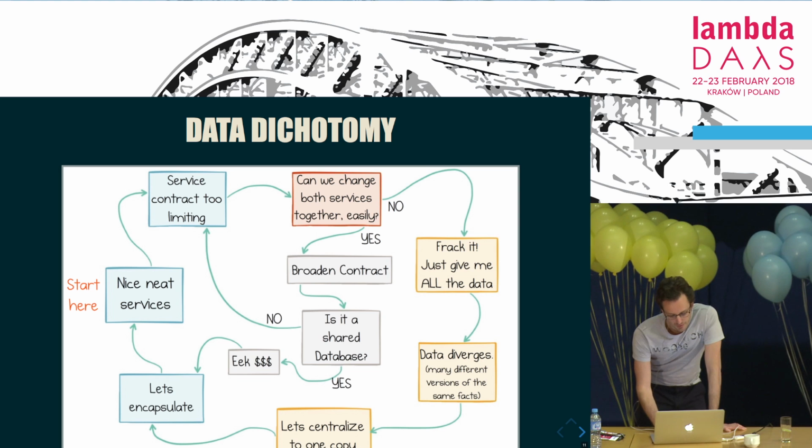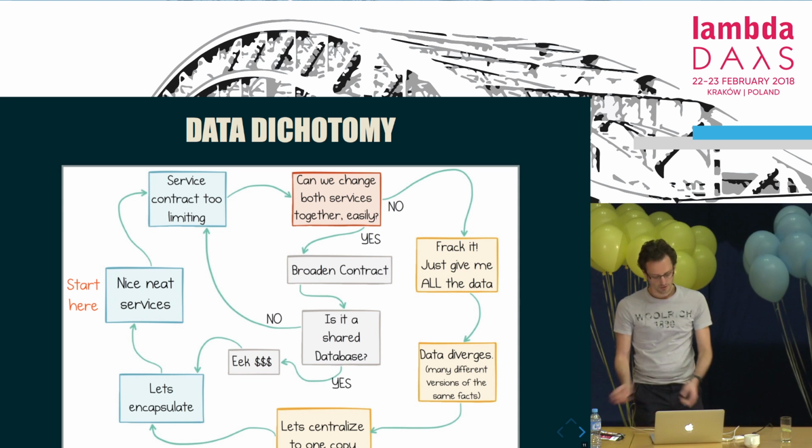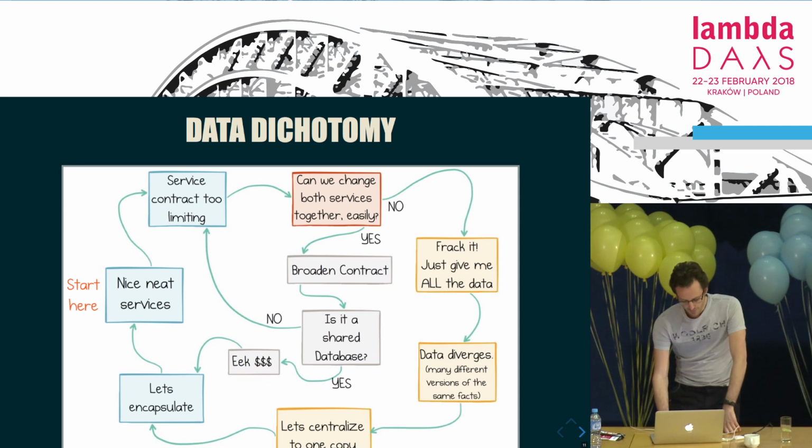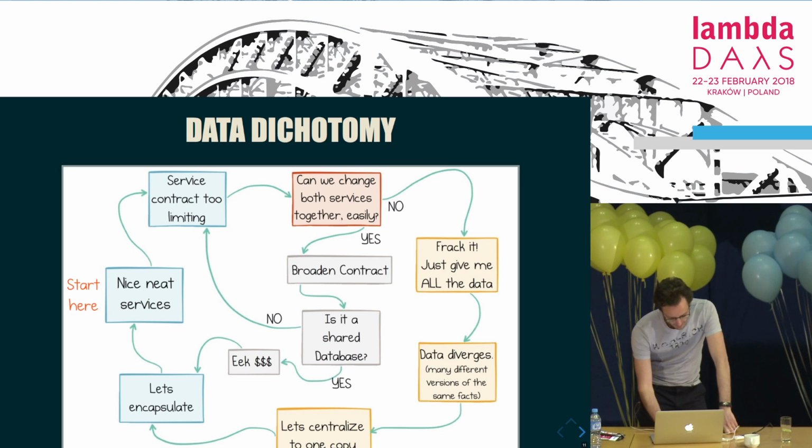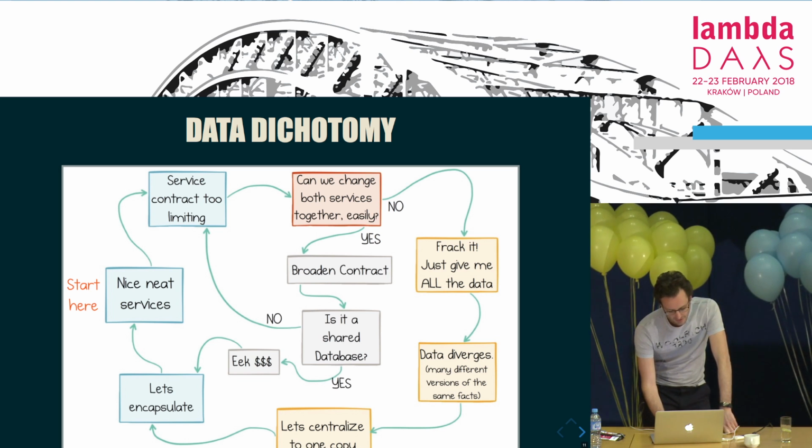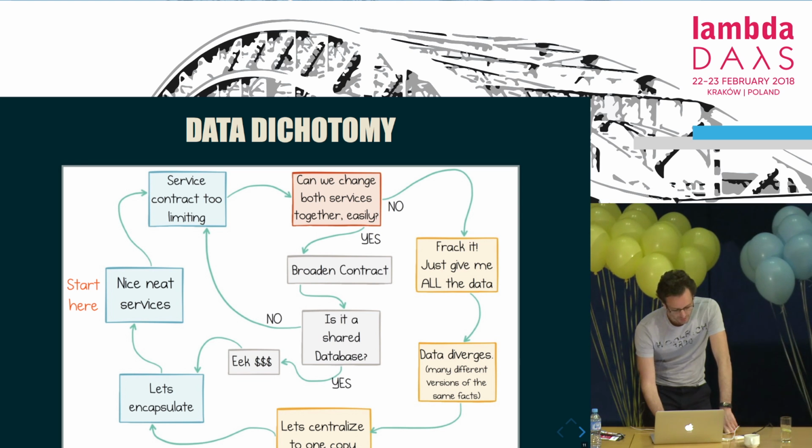And then if the service's contract is too limiting, can we change both together at the same time easily? If you say yes, then I just make the contract a bit broader by changing the code somewhere. If it's a shared database, then it will cost a lot of money, and then you try to encapsulate again, especially when you scale.